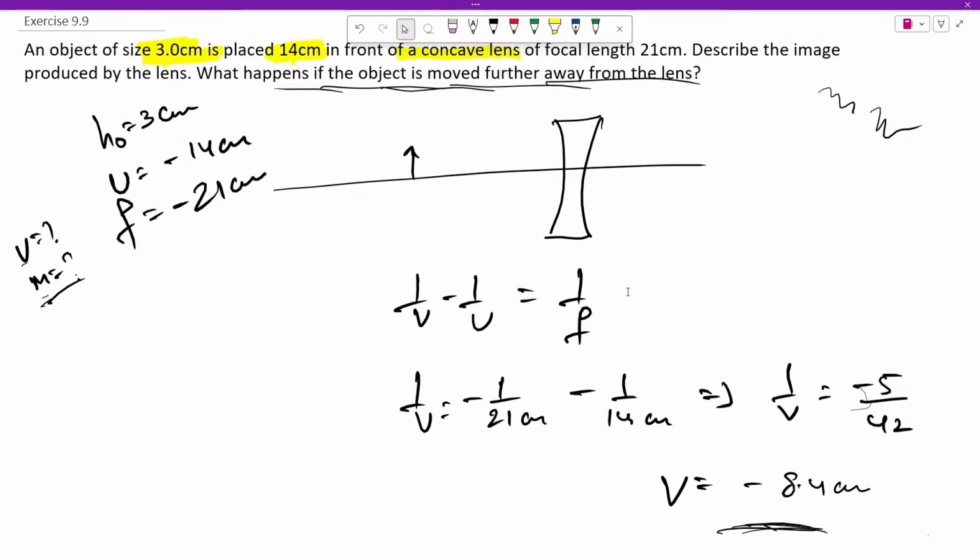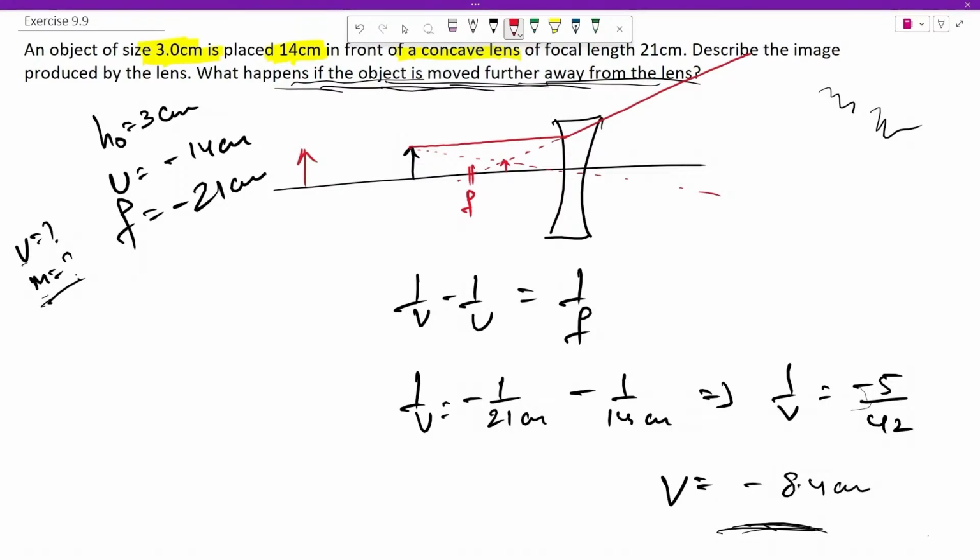Now let us comment on what happens if the object is moved further away from the lens. Let us first draw roughly the ray diagram of this. So here let us assume that this is the focus. A ray parallel will go on from here, and then it will appear to diverge from the focus, and the second ray will go through the center. Now the image will be somewhere like this. Now as we move this object away from the lens, let's assume that the object is placed over here.